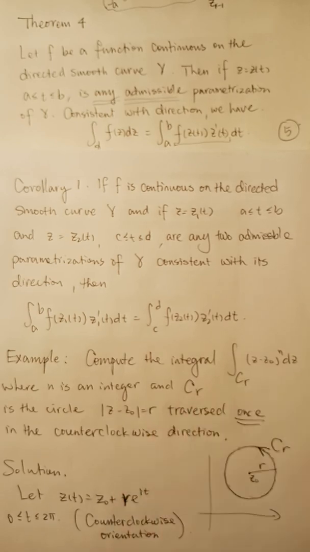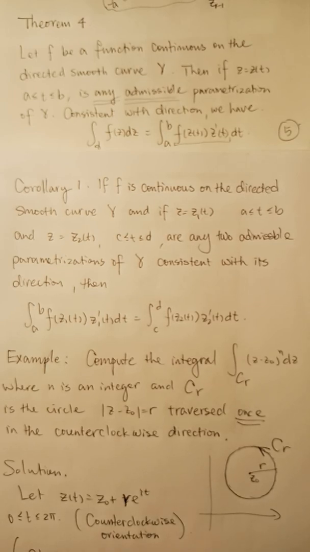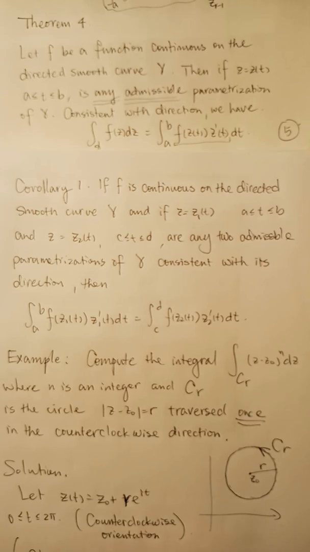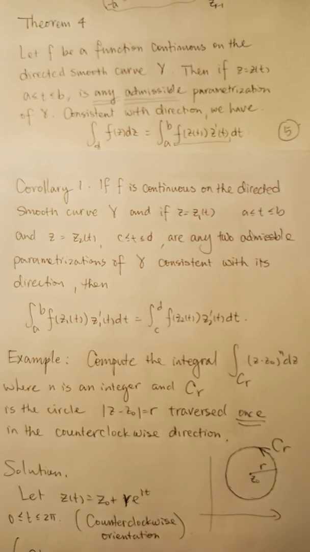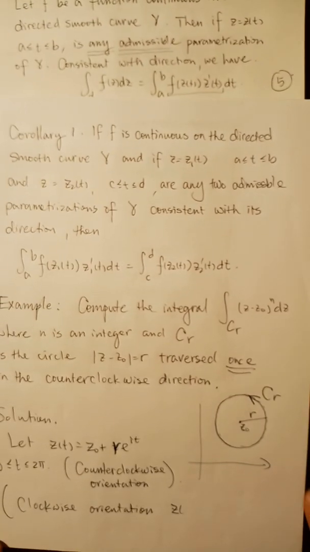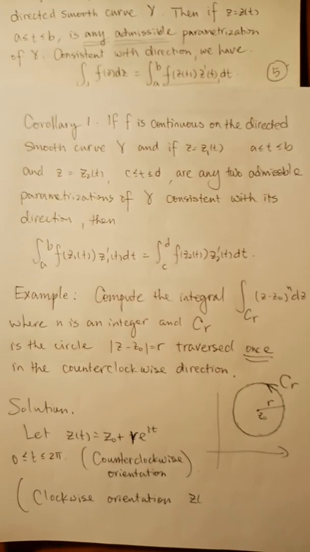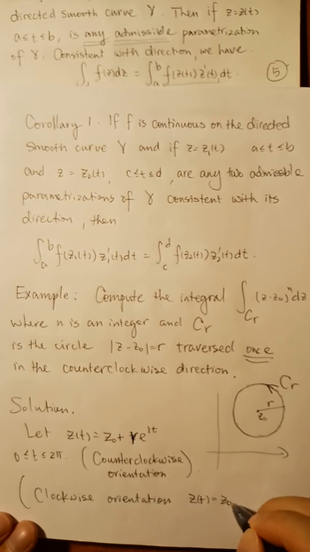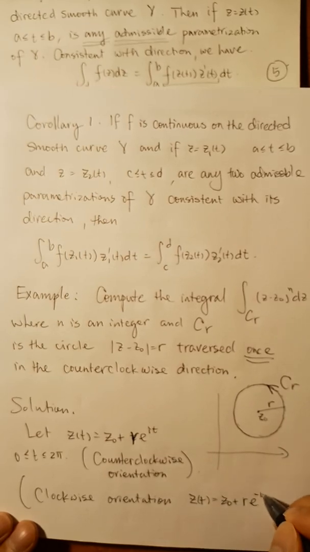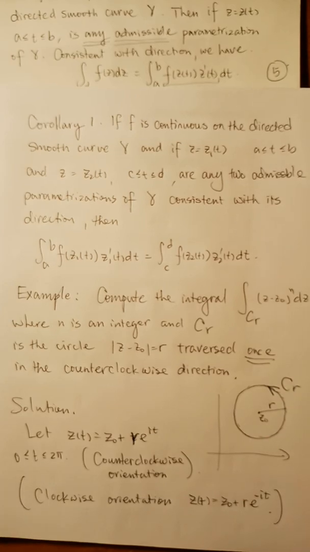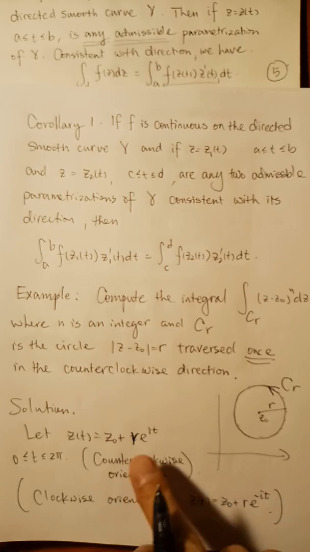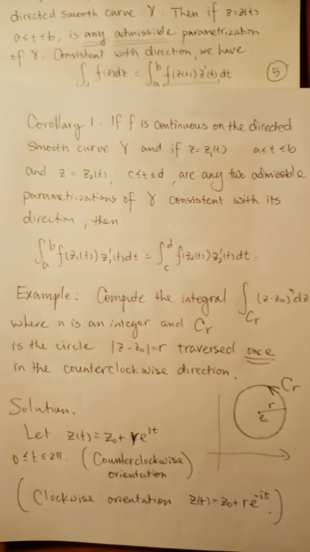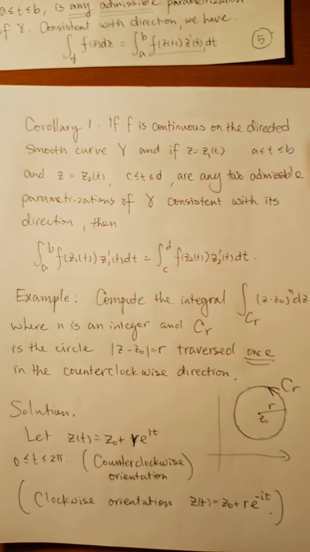If you want clockwise orientation, you will choose z of t equal to z0 plus R e^(negative it). Negative it means you change the direction. So it's a small difference: one is positive it, one is negative it.